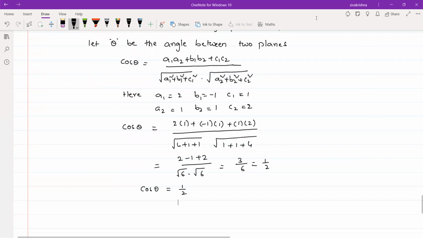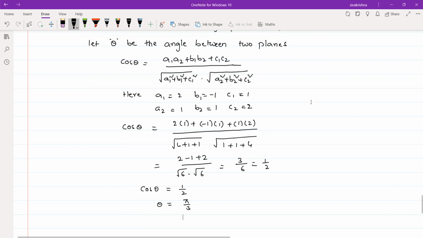Whenever cos theta is equal to 1 by 2, then theta is equal to pi by 3. It means cos pi by 3 is equal to 1 by 2. So here we are getting theta is equal to pi by 3.